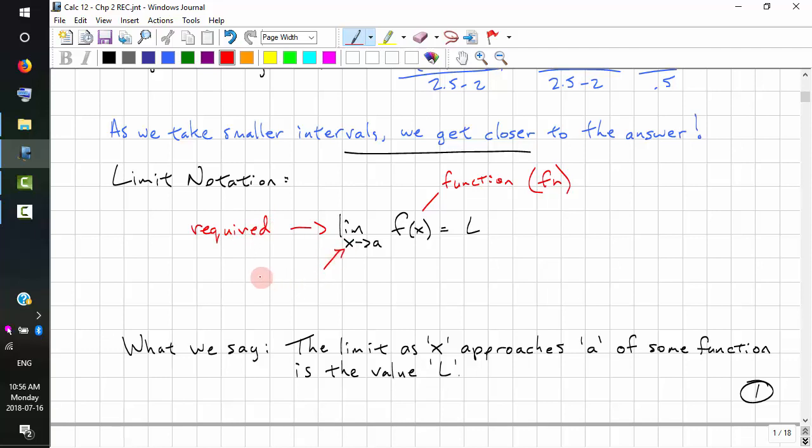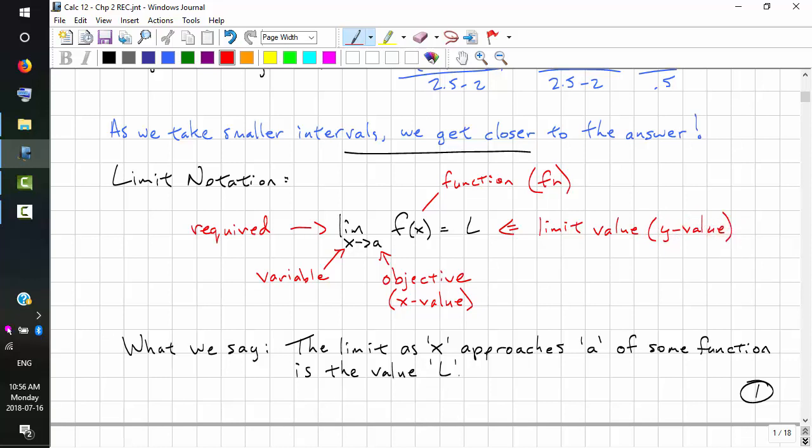This is our variable. This is our objective. So what do we want to get close to? And it's our x value. And this is our limit value, and that's the y value.